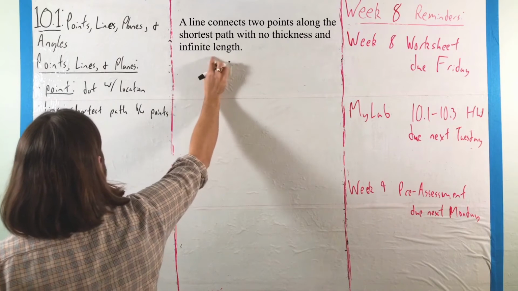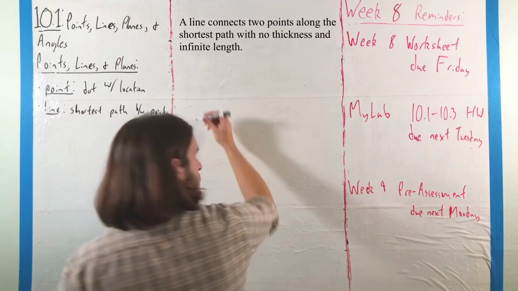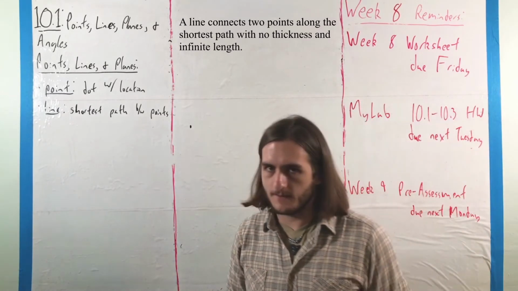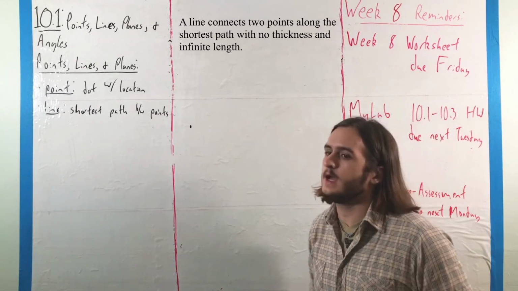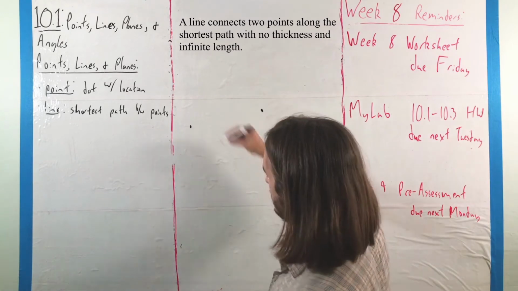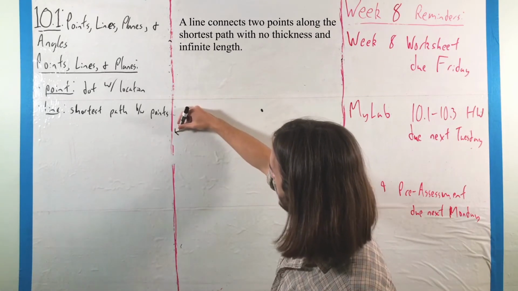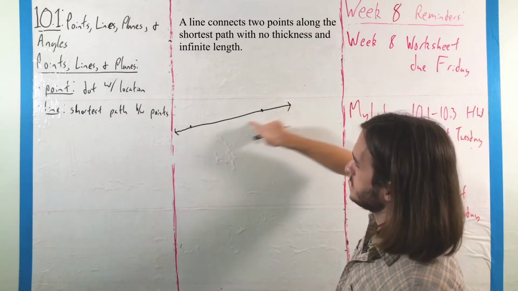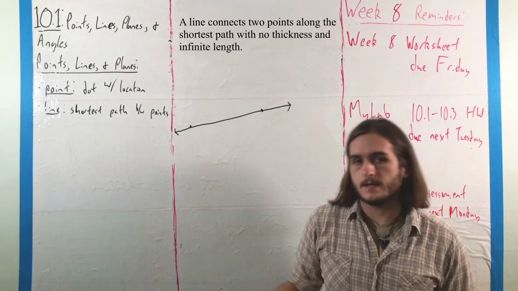I should probably move this guy down here, just for a little bit more space. So we're talking about our shortest potential path that we can have between 2 points. Let's say we've got one guy like this, and then one guy out here, 2 points. We can draw a line that represents the shortest distance that we can get from one point to the other.